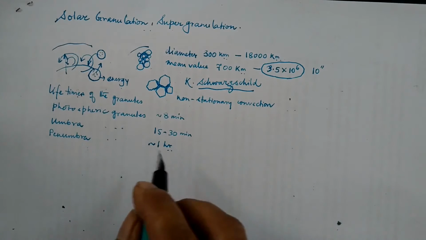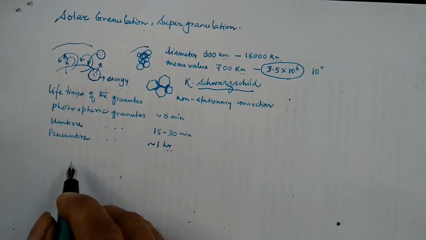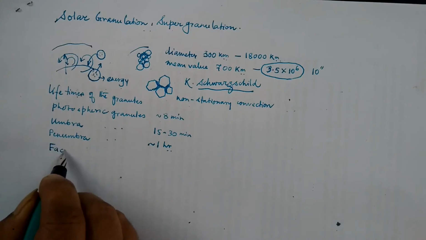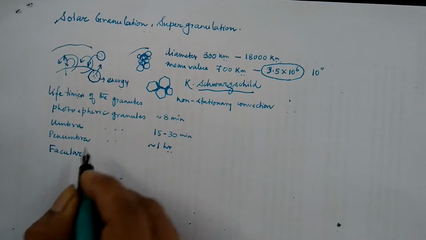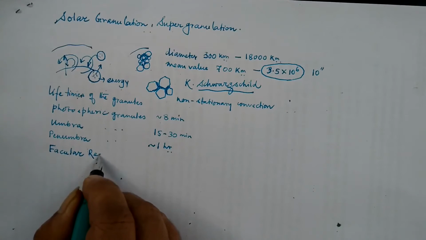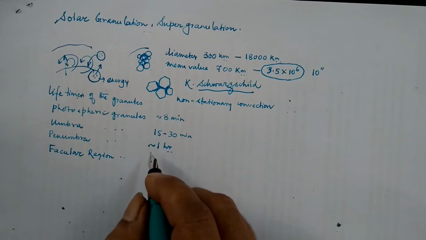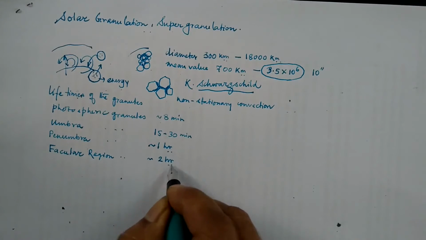But the longest lifetime of the granules occurs in the facular region. What is this facular region? We will come to know shortly. Facular region granules have the highest average lifetime of 2 hours.